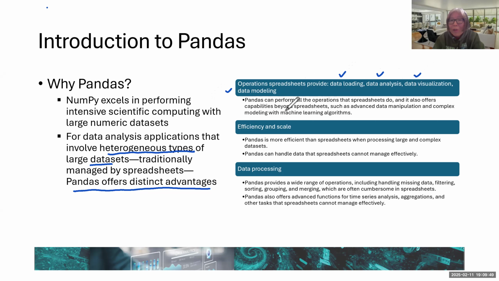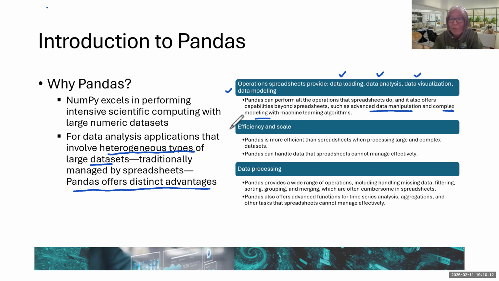In addition, it also can do some advanced data manipulation, okay, and complex modeling, okay. So if you also use machine learning algorithms, you can do complex modeling. So that's also one of the advantages.